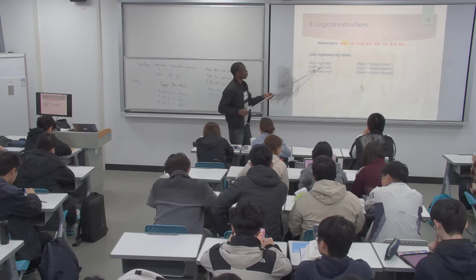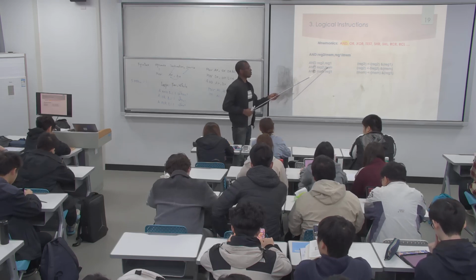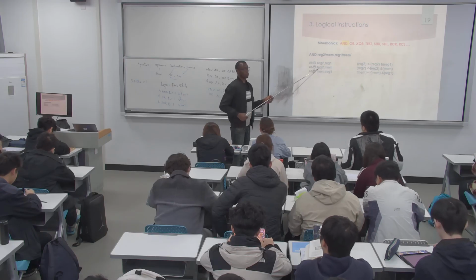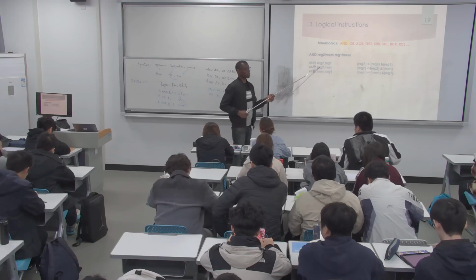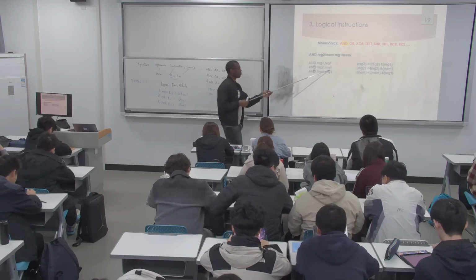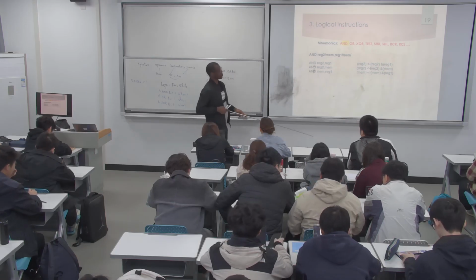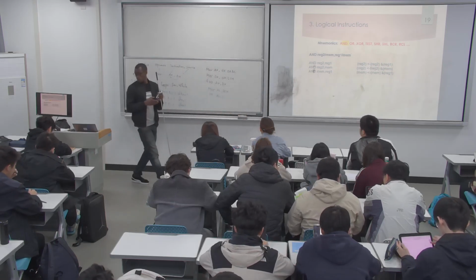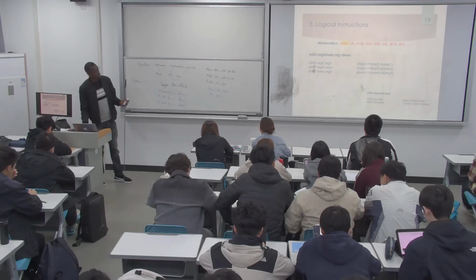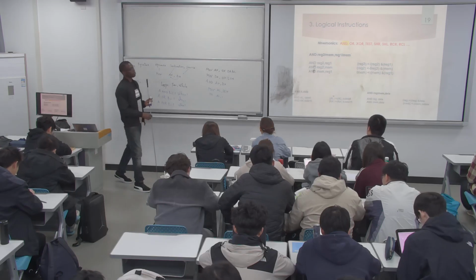The same goes for content stored at a specific memory location. You can apply the AND logic operation between the content of a specific register and the content stored at a specific memory location. Here we have the data, 16-bit data or 8-bit data.